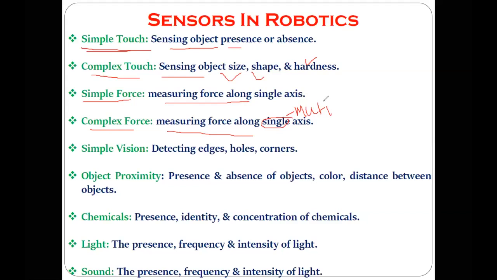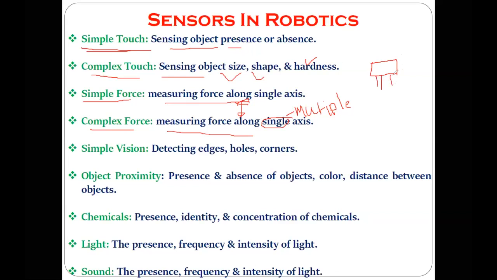So a complex force sensor can measure the force along multiple axes. If you want to know the difference between the simple force and the complex force, suppose this is the table.